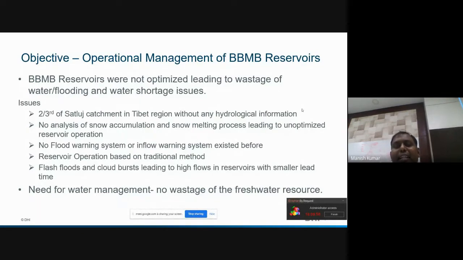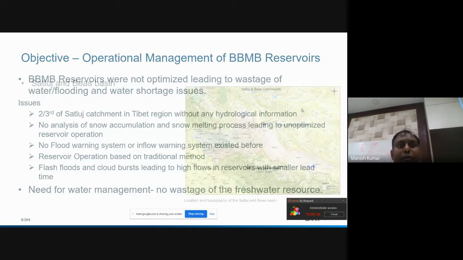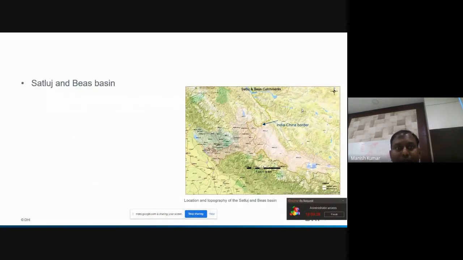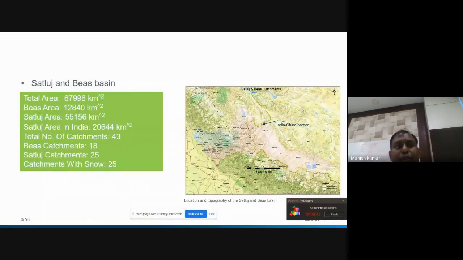And obviously they have the problem of flash floods and cloud bursts, especially near the reservoir area. So these were the main issues which we wanted to tackle using this RTDSS system that we developed for BBMB. So these are the characteristics.